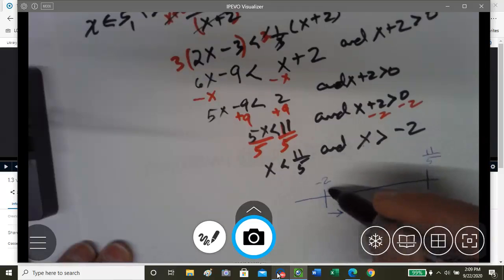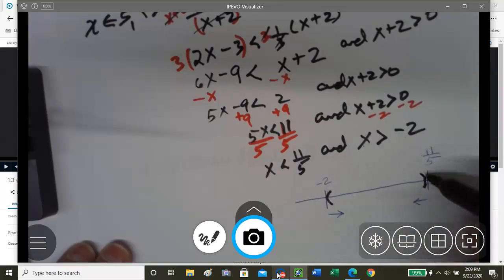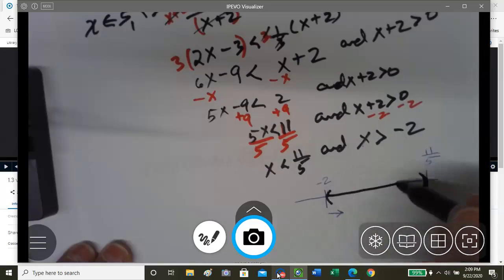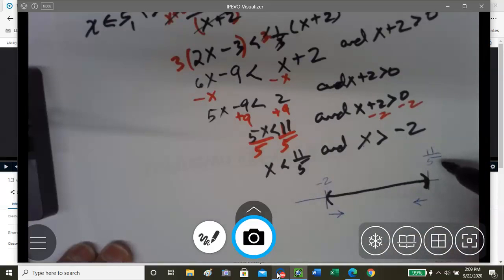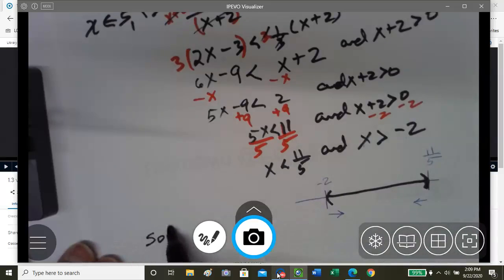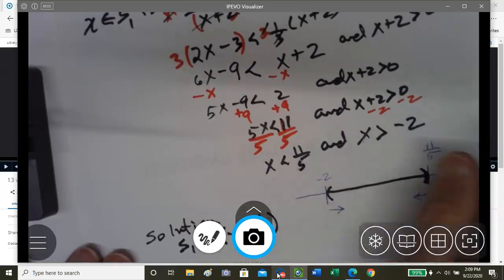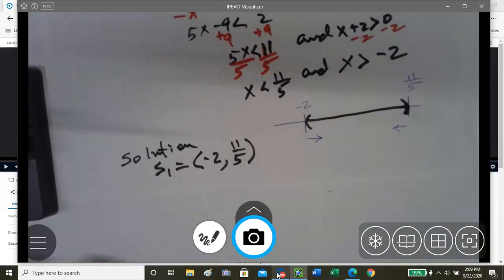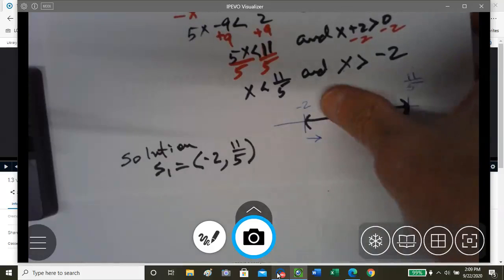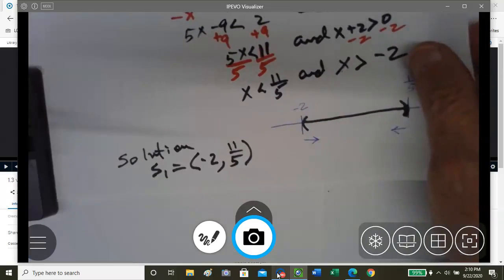So that means the solution is in between negative 2 and 11/5. And so our solution for S1 is the open interval from negative 2 to 11/5, open at 11/5. Okay, so that's S1. So that's case 1.